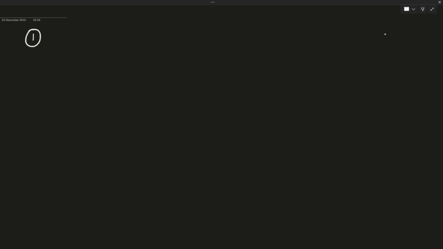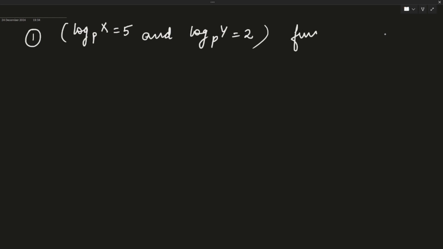We are given that log of x to the base p is equal to 5 and log of y to the base p is equal to 2. We are just given this information, and we have to find the value of log of x squared to the base p.